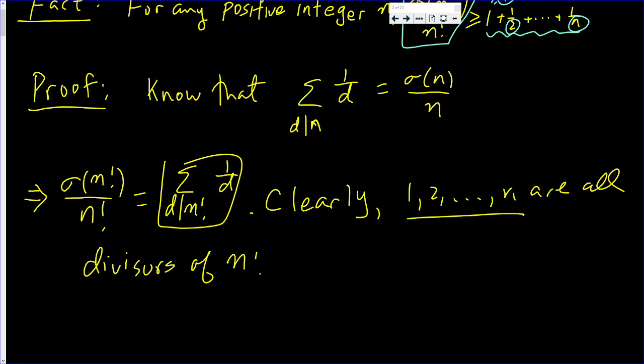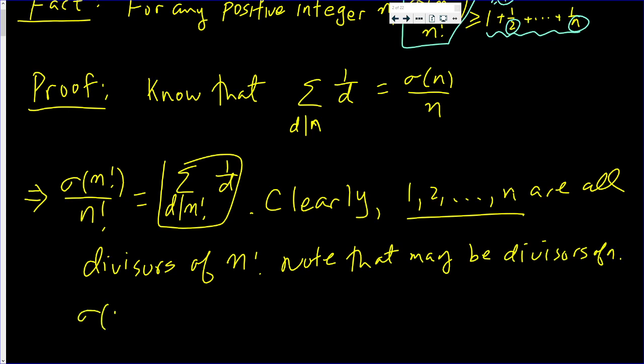But I'm going up to n. By no means am I saying they are all of the divisors of n factorial. Note that there may be more divisors of n factorial. I don't care about that.